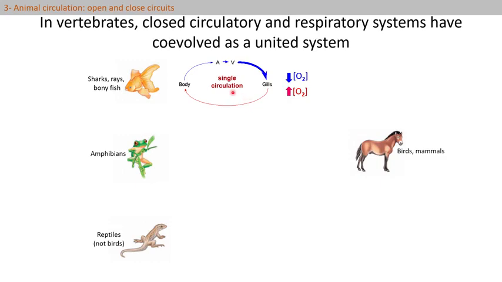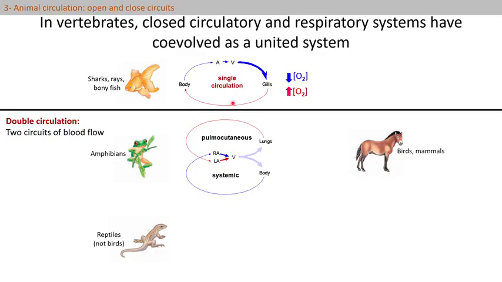So another design, slightly different, is to now have double circulation. So in amphibians, you will have 2 atria and 1 ventricle. What is the invention here? The invention is the invention of lungs and double circulation.